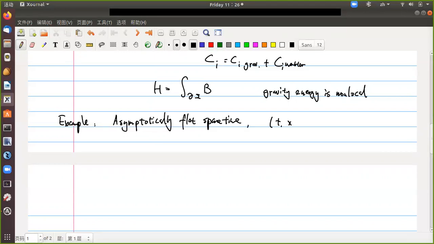So let's say t, x1, x2, x3 is an asymptotically flat coordinate.